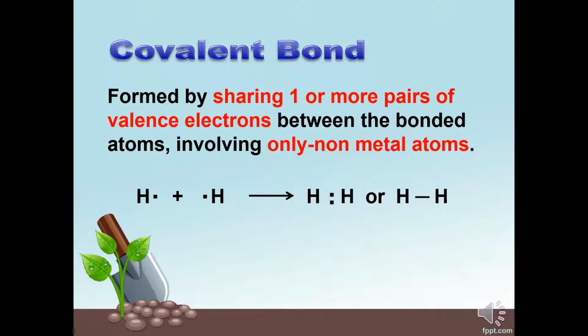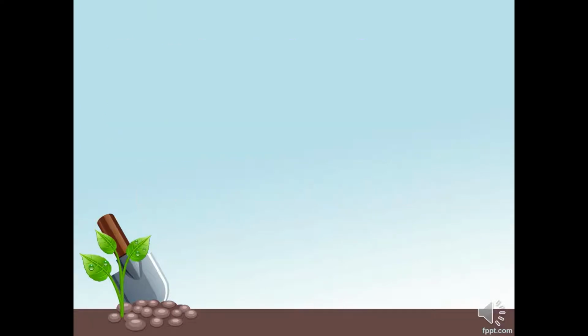For example, for our hydrogen gas just now, each hydrogen atom is going to provide one electron for sharing. So there's going to be 2 electrons in the bonding pair.